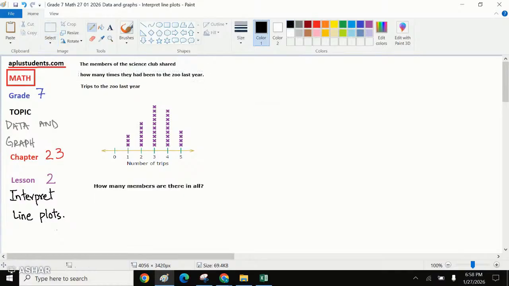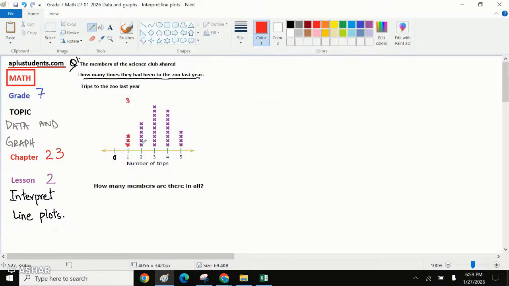Okay, I'll just read this question. Question number 1. The members of a science club shared how many times they had been to the zoo last year. So 0 trips, there were no students, right? Number of trips 0, none. 1 trip was done by how many people? 1, 2, and 3.